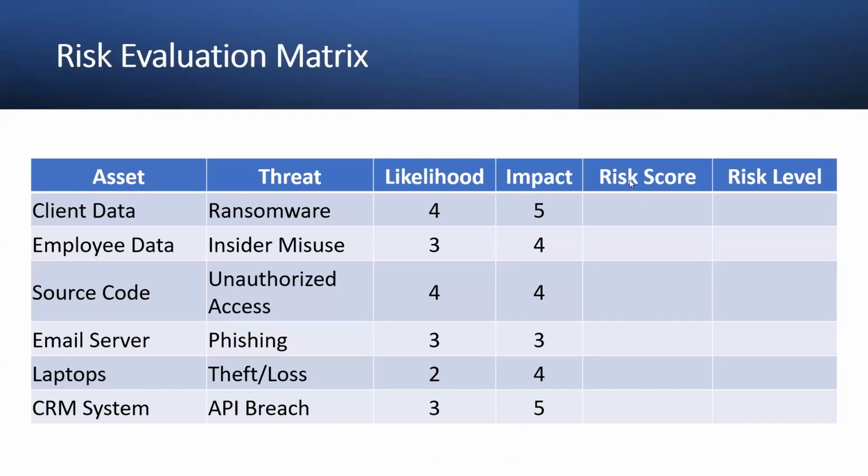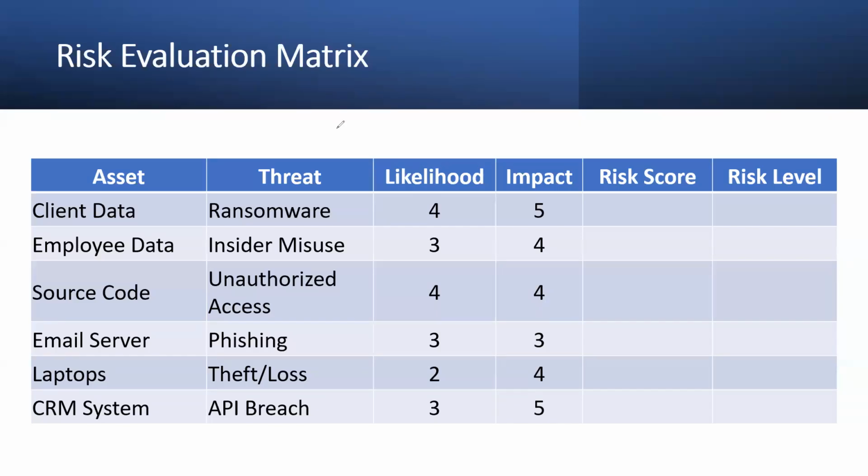Based on this, we will calculate the risk score, and this will give you the risk level as well. As we already created the risk score and risk level methodology, now it's time to list the information in our matrix.